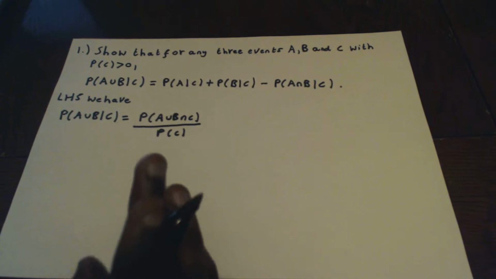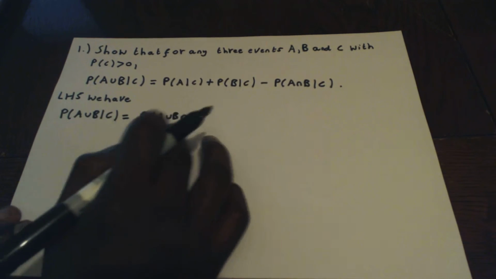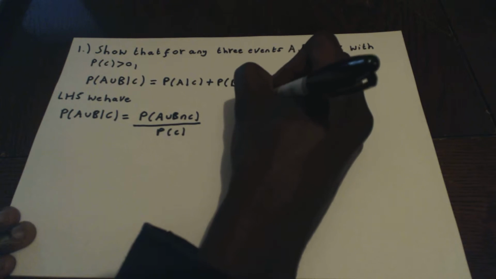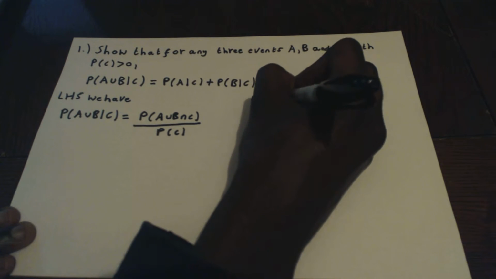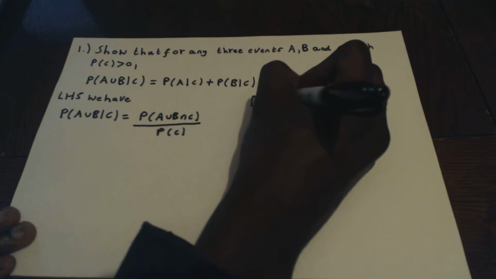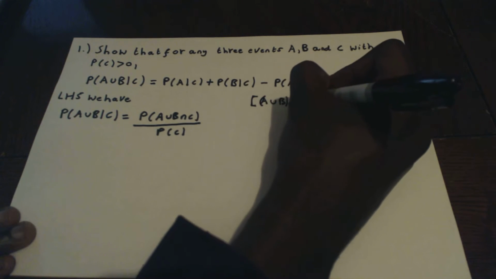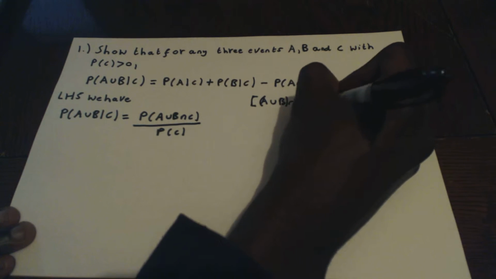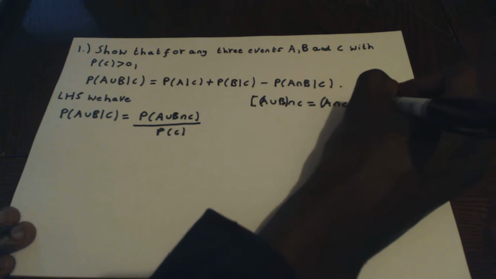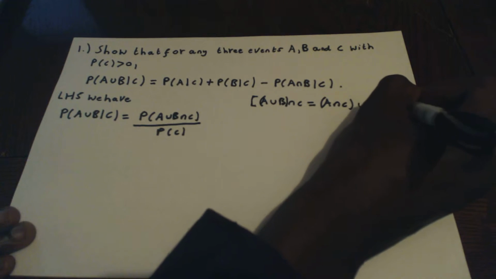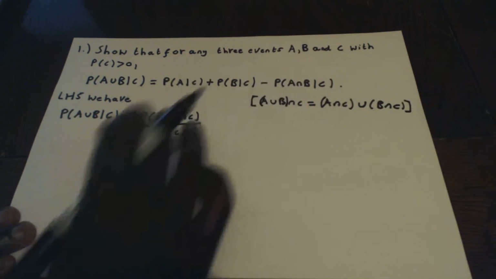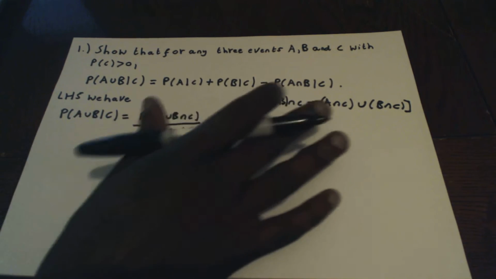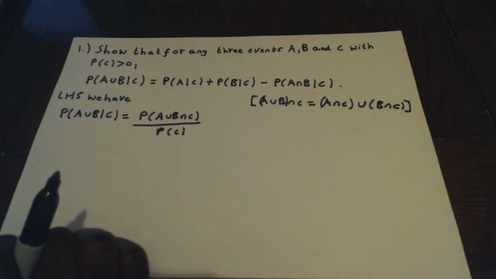Well, we learned from set structures that for any three events, A union B, all intersected with C, I'll write in square brackets here, is the same as A intersection C union B intersection C. Obviously there's another one as well, but this is the one that applies to our question here.